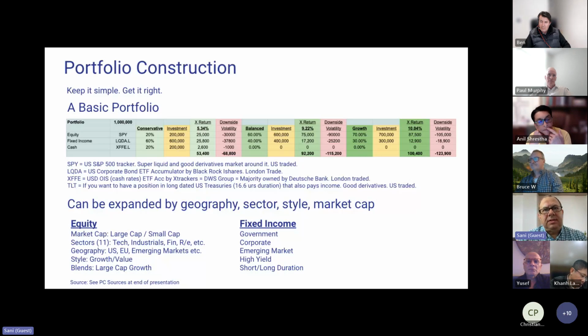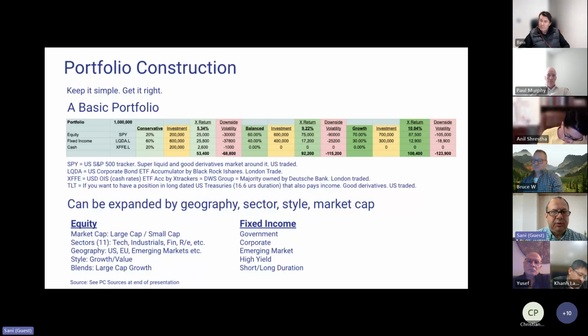Duration is very basically just how sensitive the price is to the change in interest rates. It does express itself in years, but it's not the same as the maturity. You can explore that further if you want. Just be careful when people use those terms interchangeably. They're not the same thing.